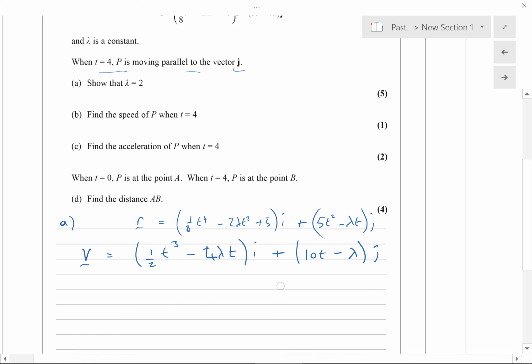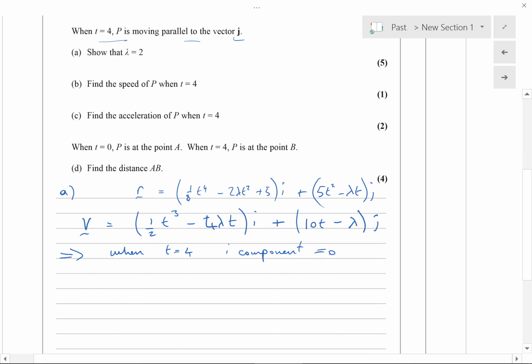So when t equals 4, the i component equals 0, because it's moving only in a vertical direction. So we have a half times 4 cubed minus 4 lambda times 4 equals 0.